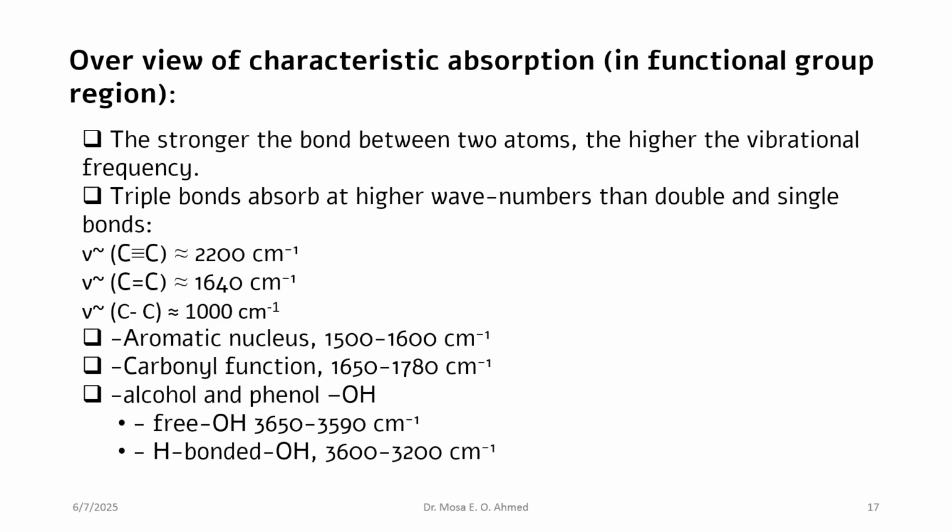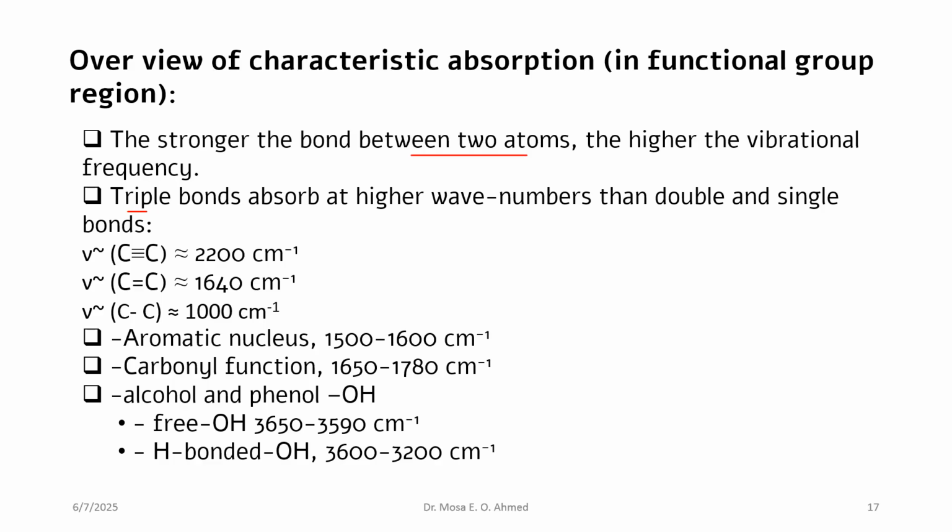The general overview of characteristic absorption of the functional groups in the functional group region: the stronger the bond between two atoms, the higher the vibration frequency. As the bond between two atoms becomes stronger, the absorption and vibration become higher.